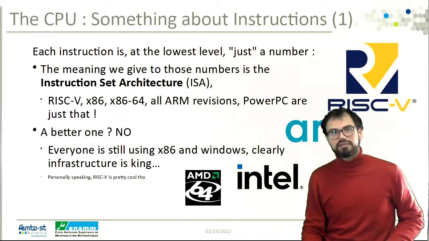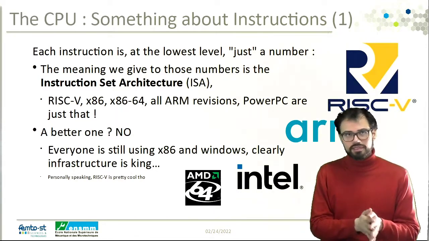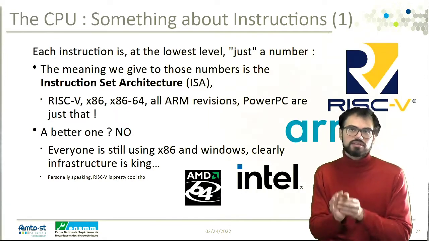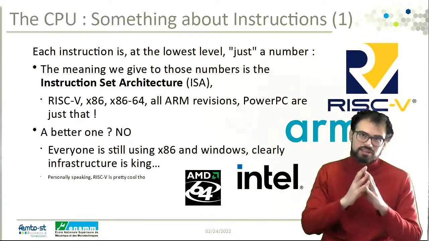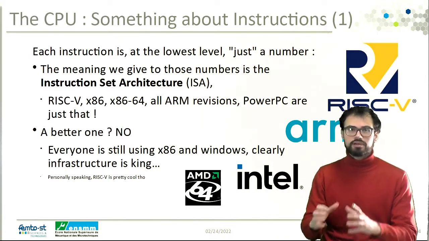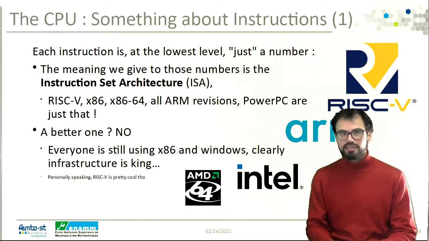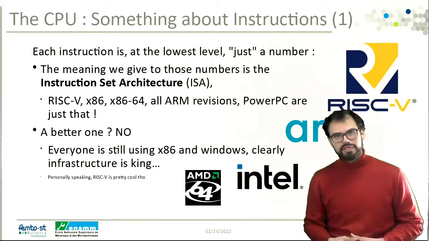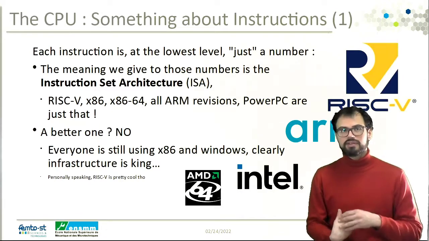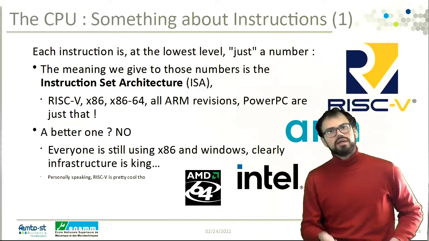In fact, you have different instruction set architectures that can follow the RISC type or the CISC type. CISC type could be x86 and its flavors, RISC type could be, for instance, ARM, RISC-V, and so on.